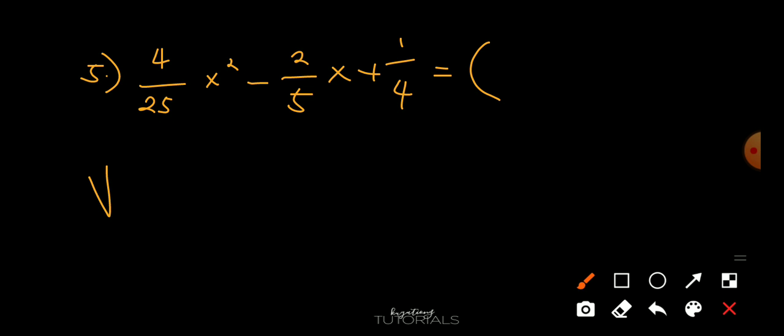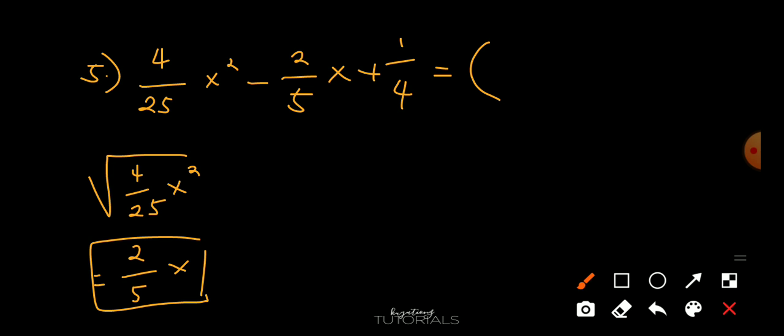The square root of 4 over 25x squared: we extract the square root of 4, which is 2, the square root of 25, which is 5, and the square root of x squared, which is x. So that is 2/5 x, right? So 2/5 x.